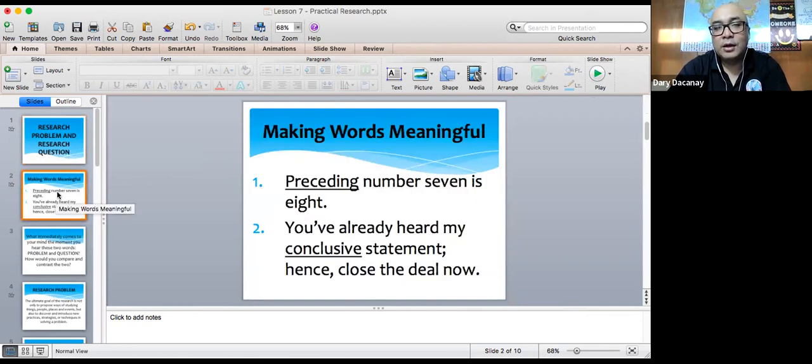Okay, so research problem and the research question. So making words meaningful, preceding number 7, of course, is number 8, no? And you've already heard conclusive statements on how to make meaningful words out of, let's say, the observations that you have made. I think I've asked you to do an observation using your 5 senses.